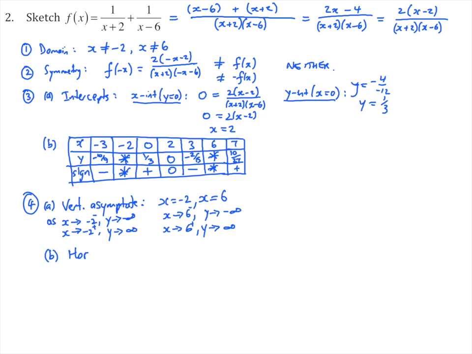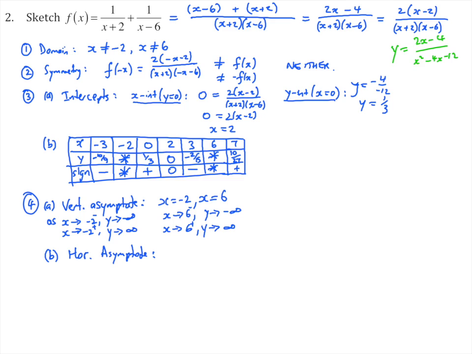Now we're going to find the horizontal asymptotes. Now let's look up here and consider that's y equals 2x take 4 on x squared take 6 plus 2, which is take 4x take 12. We're going to divide every term by x squared because that's the highest power of x in the denominator.